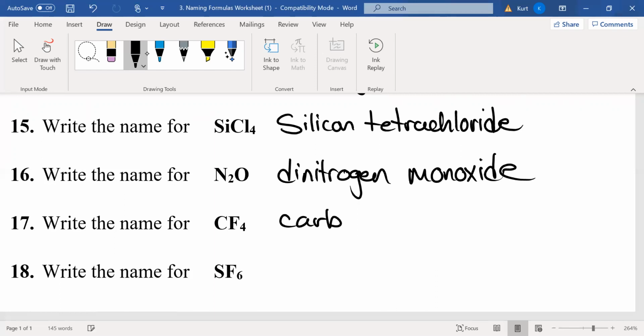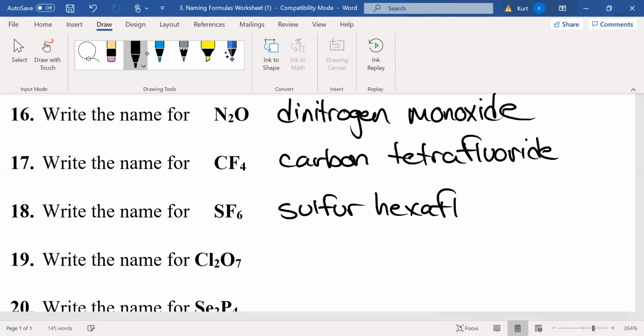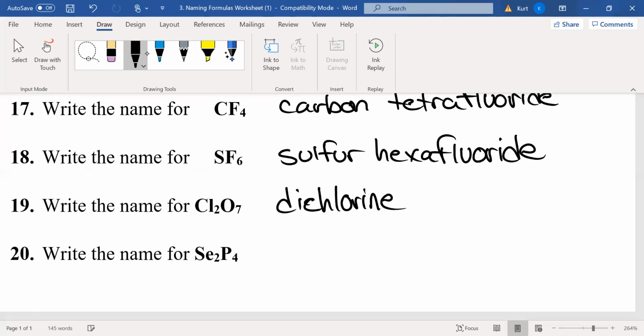Carbon tetrafluoride. Jade, what is SF6? Sulfur hexafluoride. Cl2O7, Max. Dichloride. Do you put "ide" on the first word? Dichlorine. Correct. Pentaoxide. Penta is 5. That's 7. Oh. What is 7? Hepta. Hepta.